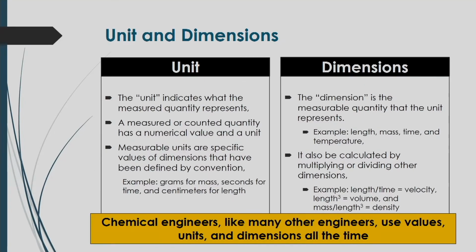Like if you are representing velocity, you have to make its unit from length and time, because velocity is defined by length upon time. So, what is the dimension of velocity? It will be L by T.